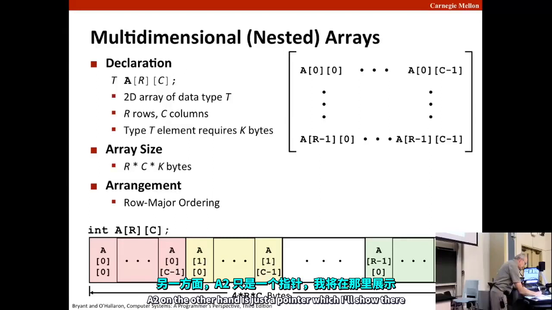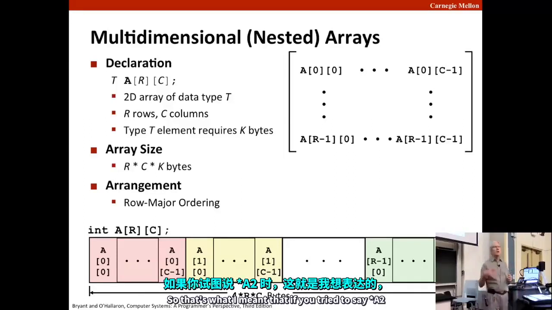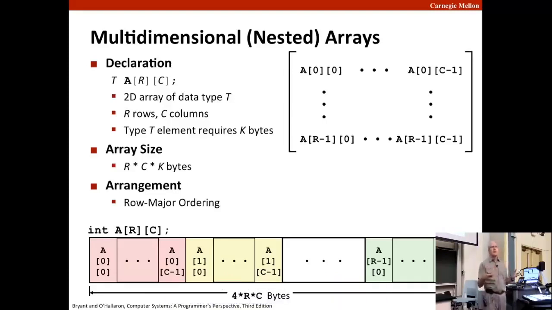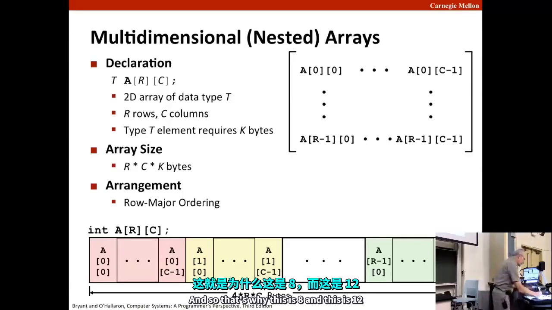A2, on the other hand, is just a pointer, which I'll show there. And so it's 8 bytes long, but it doesn't point to anything. So that's what I meant, that if you tried to say star A2, you'd potentially have a null pointer dereference there. And so that's why this is 8 and this is 12.